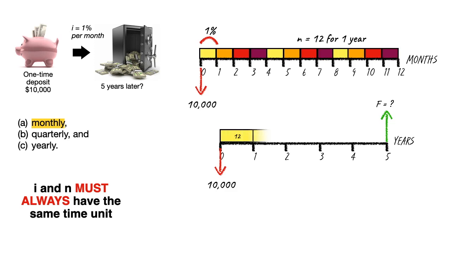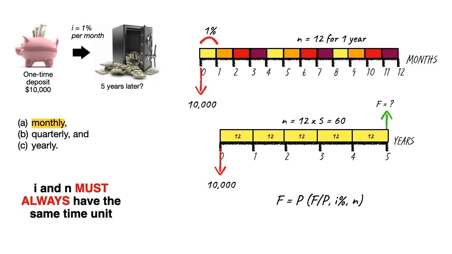So the total compound period for 5 years would be 12 multiplied by 5, and we will get the compound period to be 60. So now substitute all the values in our FP calculation.